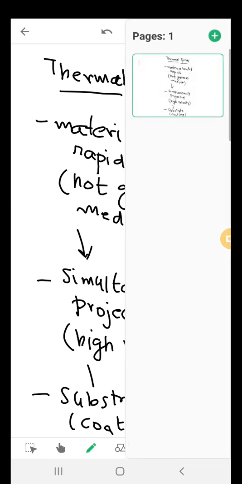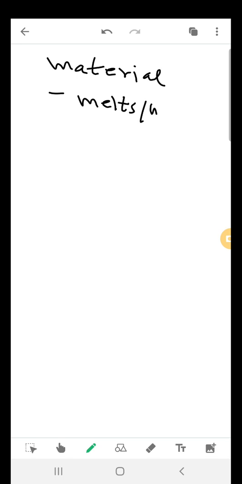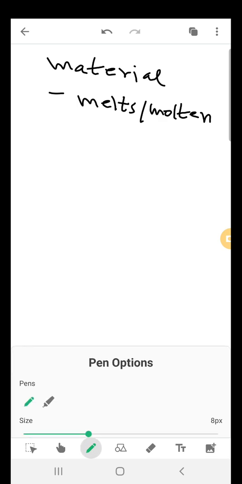Now, materials that can be deposited through thermal spray are those materials that melt or are molten without significant degradation.